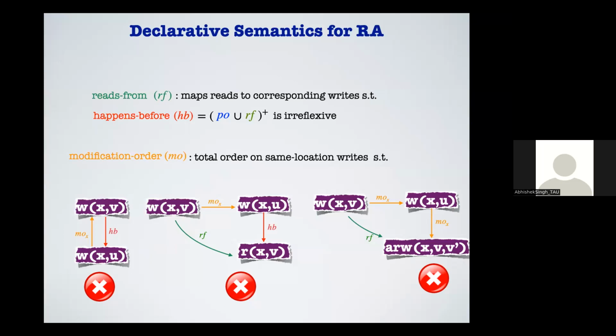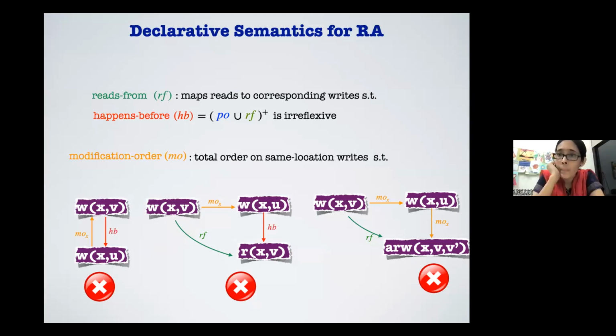Because then you have a program and you now want to know what is consistent according to RA semantics. If you reorder two statements in the same thread, you can do many things which are not possible in RA. So are you sure this PO is before reordering, or just by looking at the program?